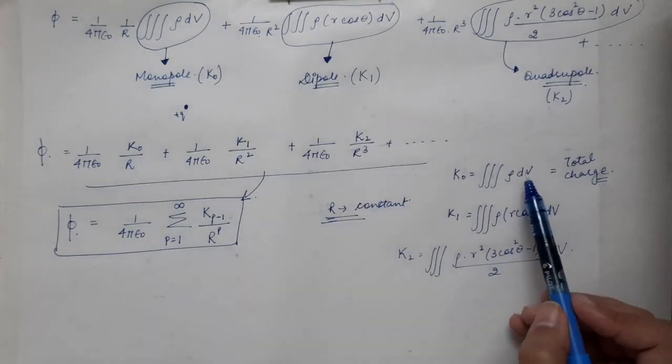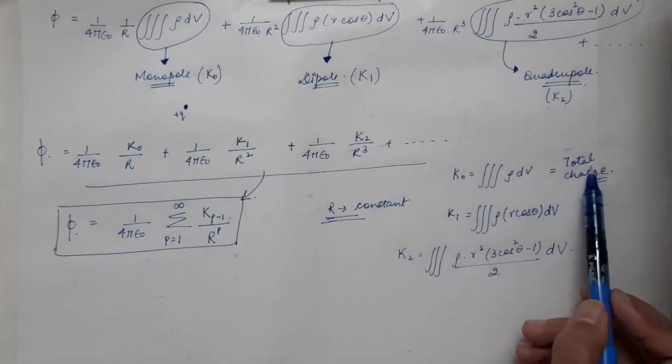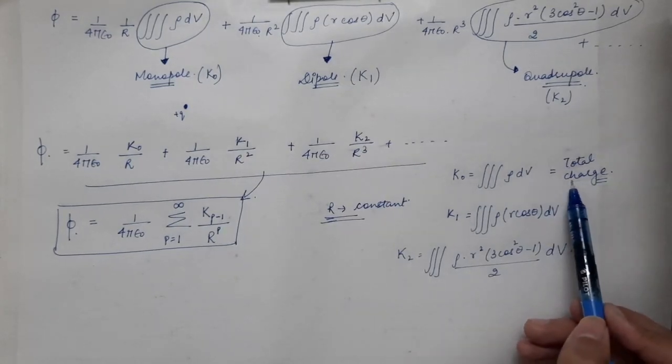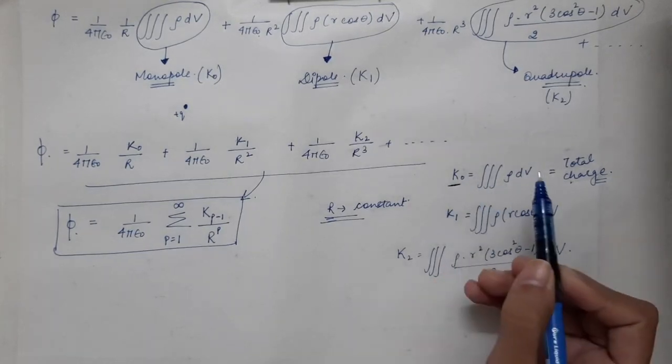Now let's say the total charge on the distribution is 0. If the total charge on a particular distribution is 0, in that case the monopole will be equal to 0.